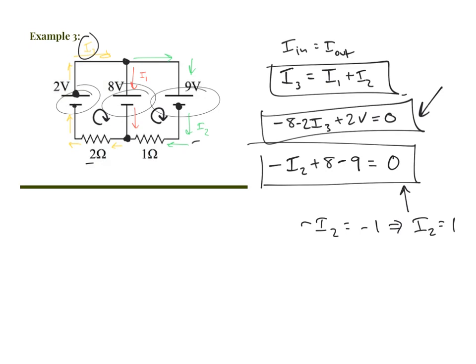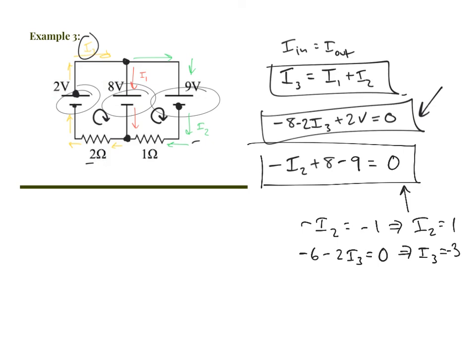You get negative 8 plus 2 is negative 6, minus 2 I3 equals 0. So I3 equals negative 3. So we had I3 going backwards from the way it should be. It's actually going around that circuit counterclockwise.